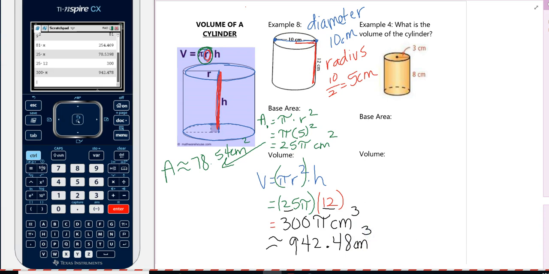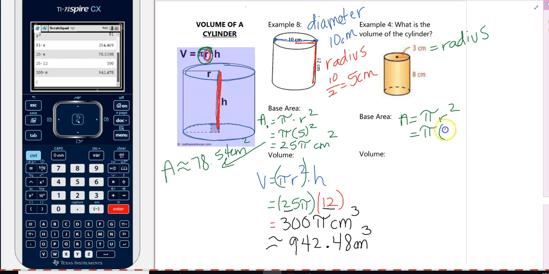Okay, our last example here is finding the volume of the cylinder. So again, same steps. Find the area of our base here. Our base already gives us our radius, good. So this is going to be our radius. No need to take half of it because it's already half of that circle. So our area equals pi r squared.